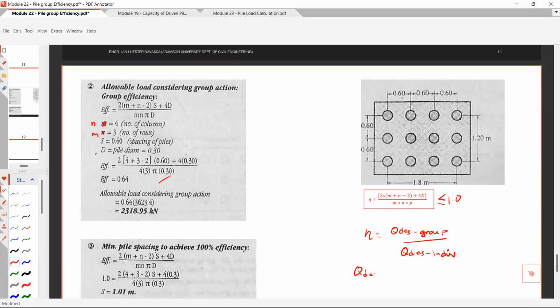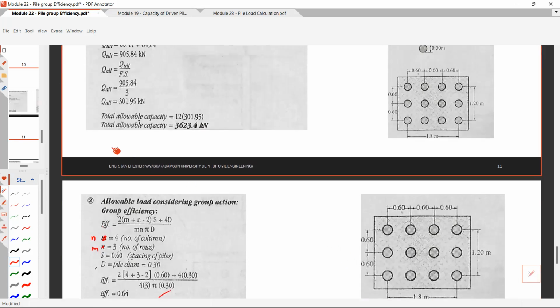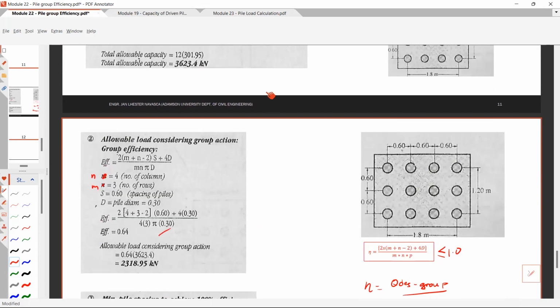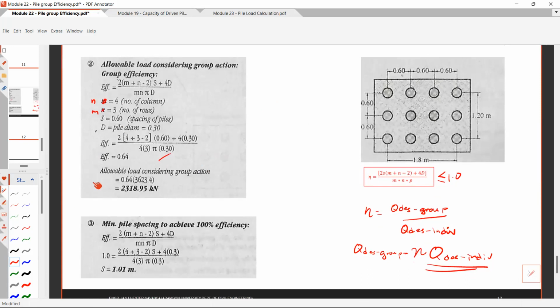Therefore your Q des in group is equal to mu multiplied by the Q des individual. We already have Q des individual, right? We solved that in problem 1. So the Q des individual, 3623.4, multiply it by the efficiency 64%. Therefore, you have 2,318.95 kilonewtons allowable load considering group action.